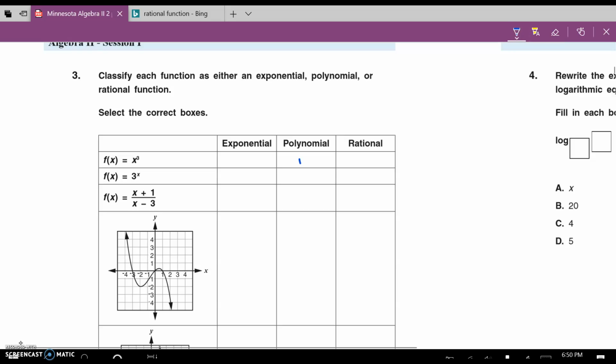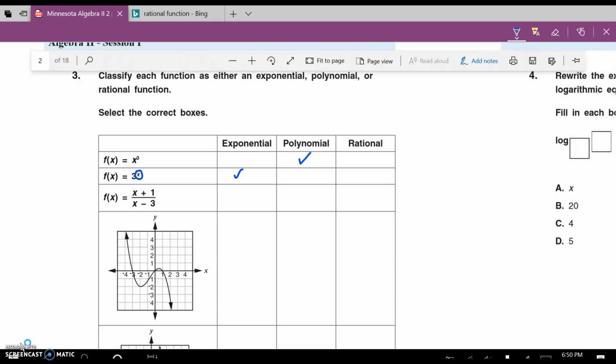Okay, so anything to a power of 1 or 2 or 3 or 4 is going to be a polynomial, and so on and so forth. Okay, anything with a power is a polynomial. Okay, anything with a power of x, such as the next one, is going to be exponential.